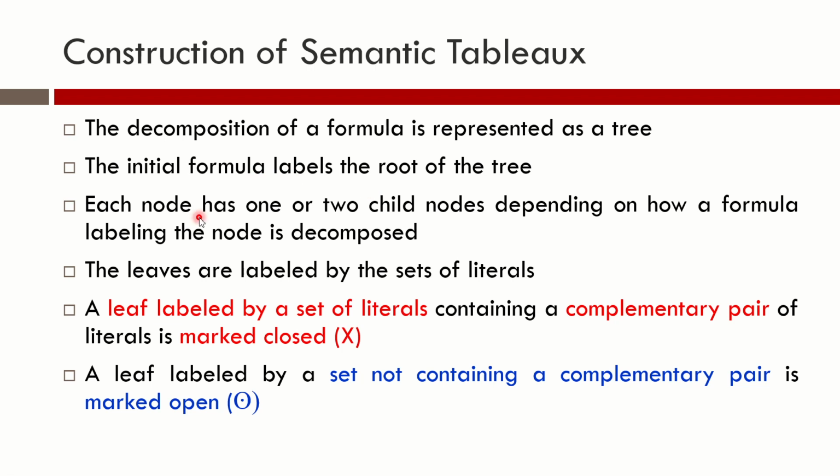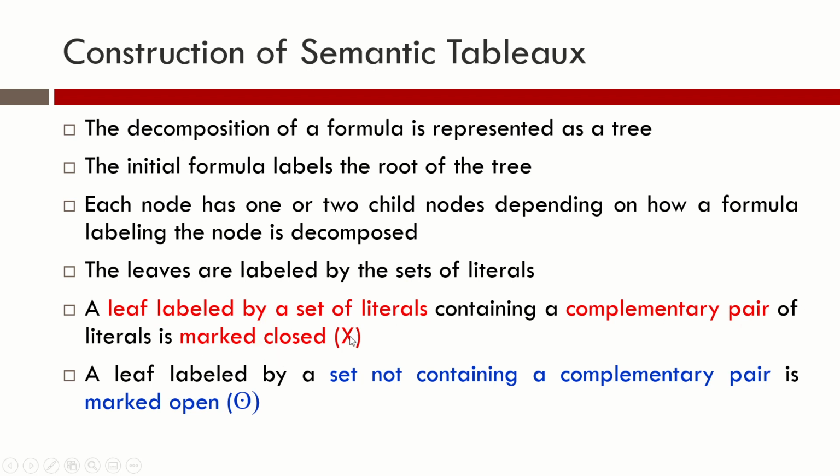Now, each node in the tree will have either one or two child nodes, depending on how the formula labeling the node is decomposed. And the leaves will be labeled by a set of literals. A leaf labeled by a set of literals which contains a complementary pair will be marked closed.